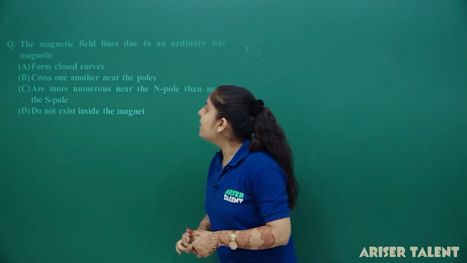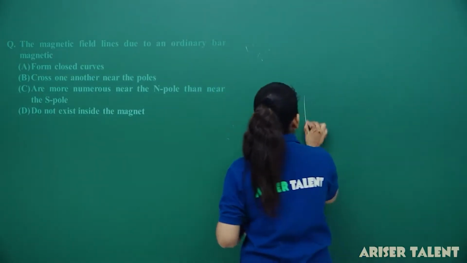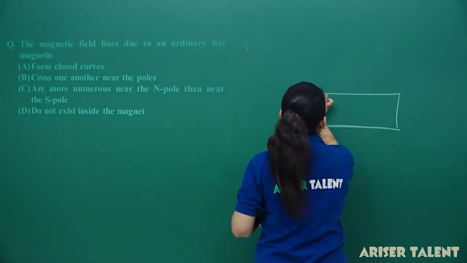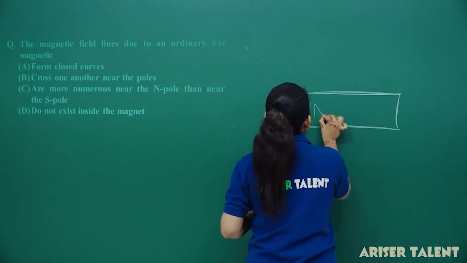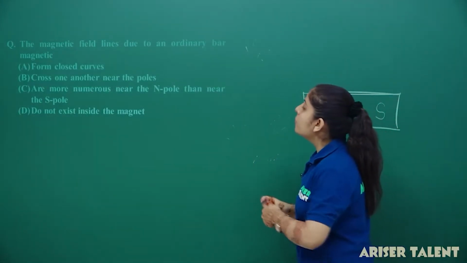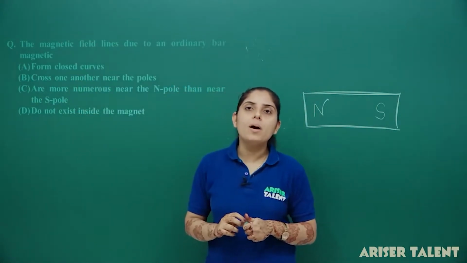The magnetic field lines due to an ordinary bar magnet. So, firstly, if I draw an ordinary bar magnet, this is our bar magnet, this is the north pole, this is the south pole, and we have to analyze the magnetic field lines. Magnetic field lines form closed curves.